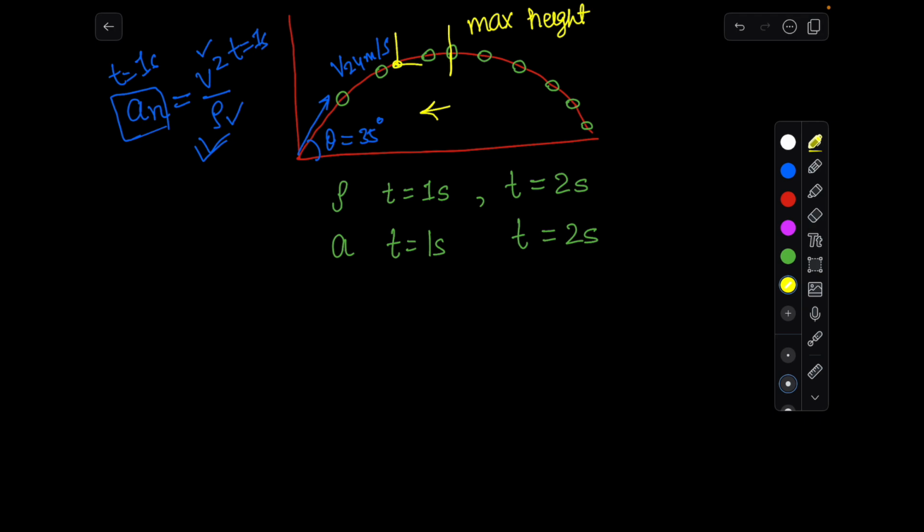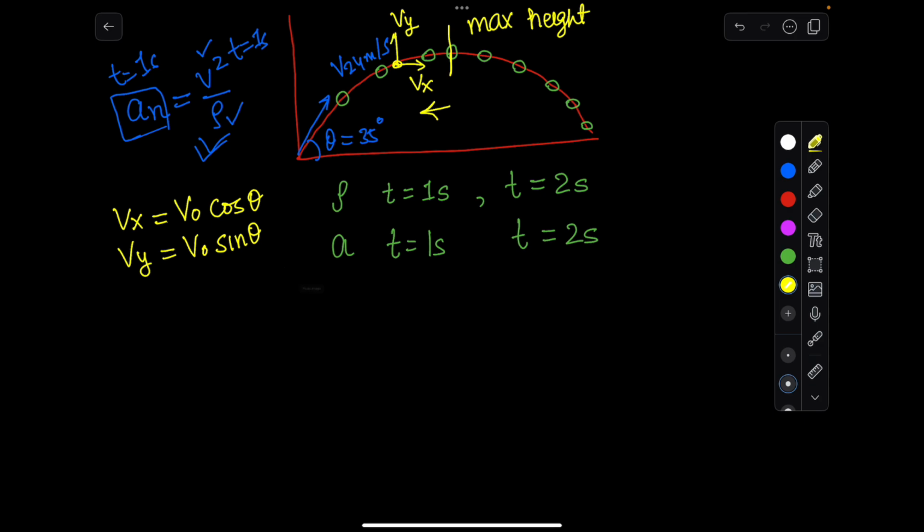For any point, this is our Vx and this is Vy, and you know that Vx is always the same during the flight, so you can write V naught cos theta. And Vy is equal to V naught sine theta initially, but Vy will keep changing at each point of flight.